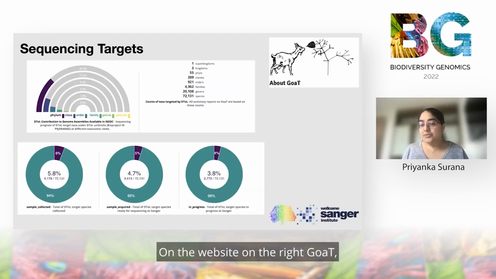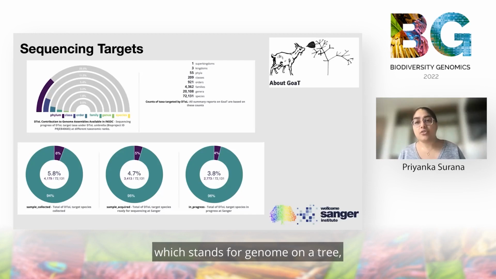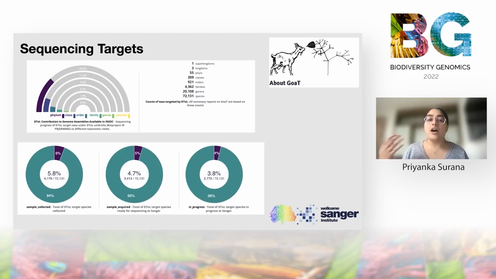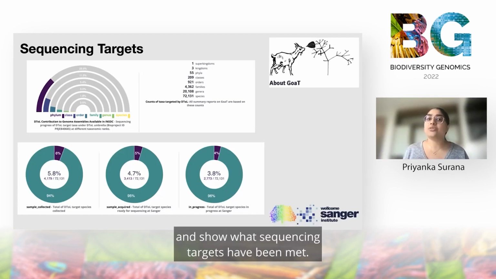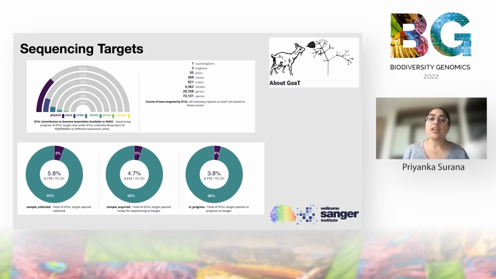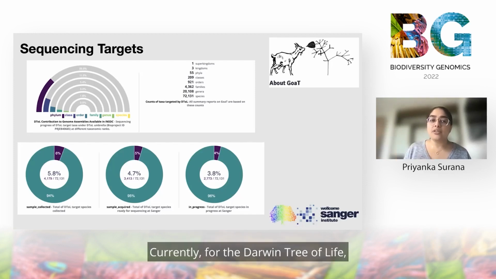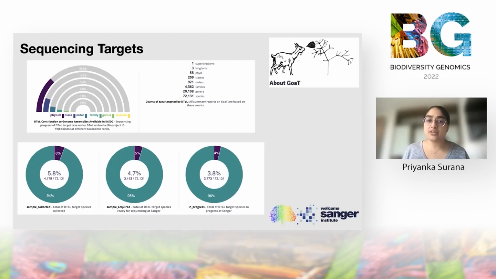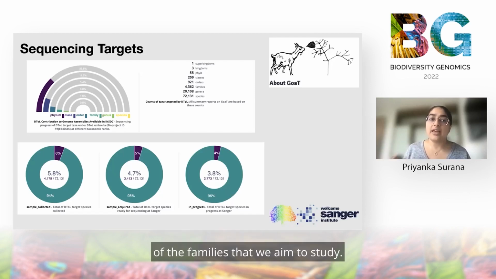On the website on the right, GOAT, which stands for Genome on a Tree, several of these biodiversity projects are tracked and show what sequencing targets have been met. Currently, for the Darwin Tree of Life, we have sequenced over a quarter of the phyla that we were targeting, and more than 5% of the families that we aim to study.